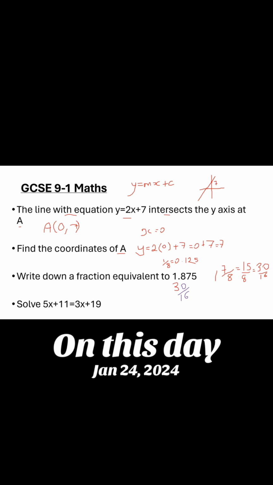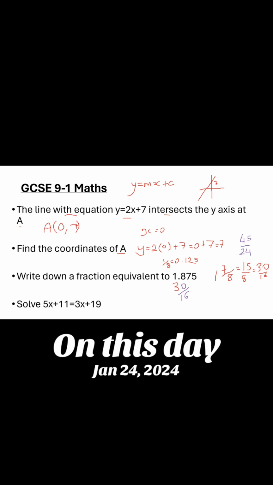So I can have any other fraction that is a multiple of 15 on the numerator and a multiple of 8 on the denominator. So I could have times top and bottom by 3 and got 45 out of 24. That would also be equivalent. Any other fraction that has a multiple of 15/8. Hopefully that makes sense.